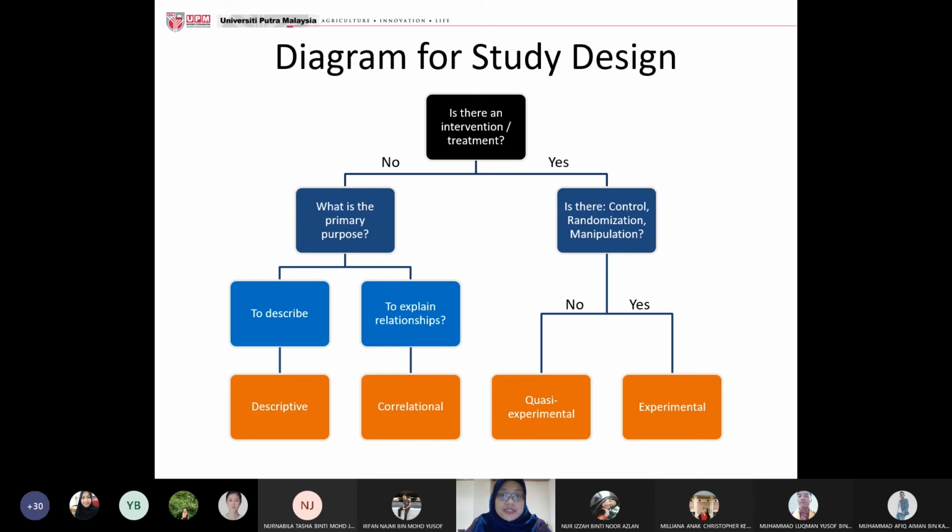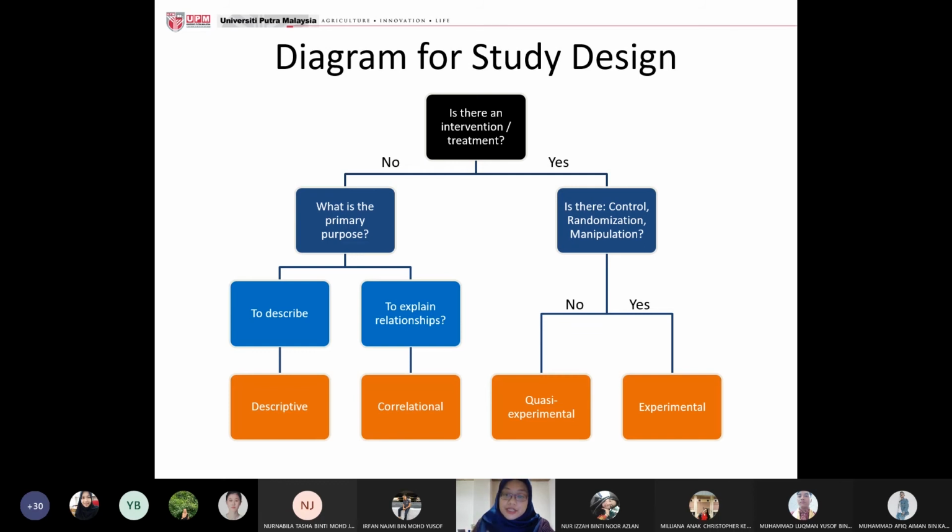And then go to the no part here. So if there's no intervention, no treatment, okay, you're not doing any sort of experiments on fish, for example, or if you're doing something on deforestation, are you going to introduce a program to the area?